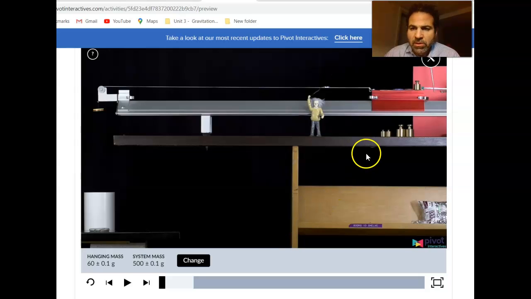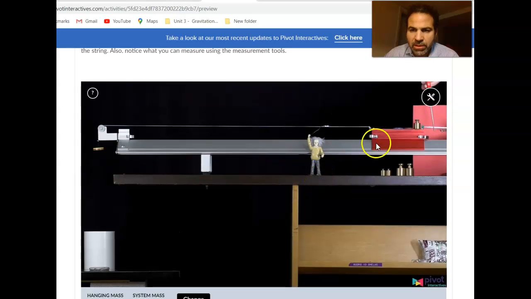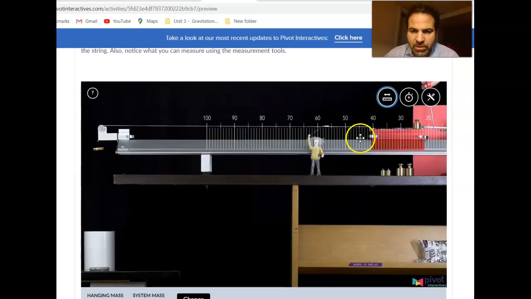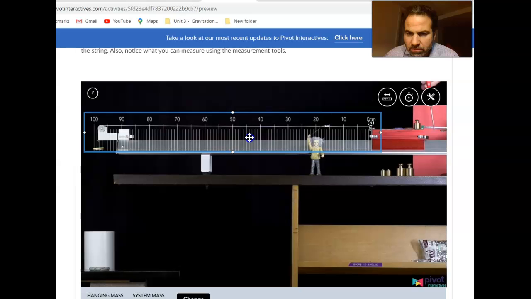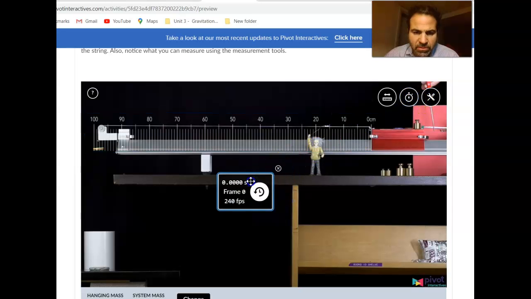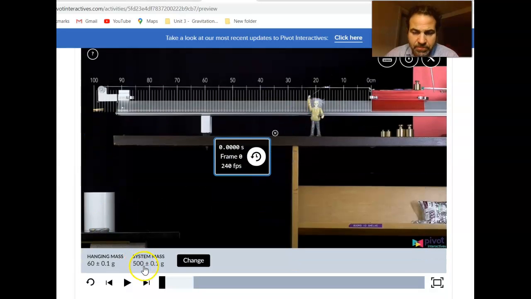All right, so I'm going to set up my tools, get my meter stick. I'm going to set it right at the front of the mass on the track, and then I'll press play.